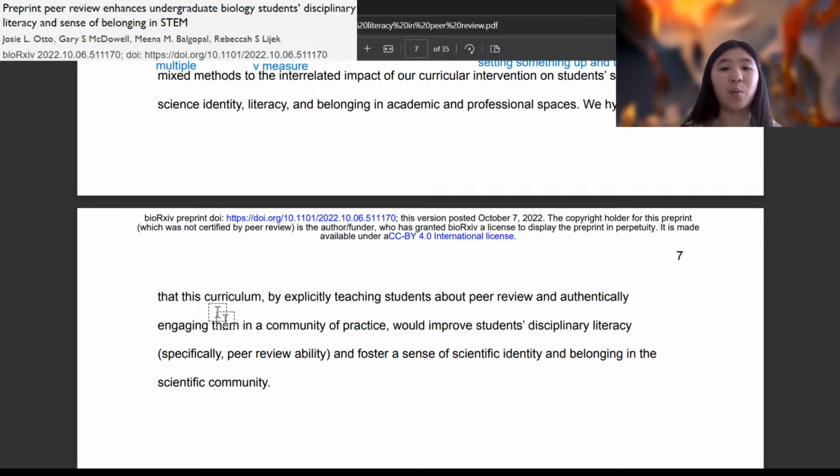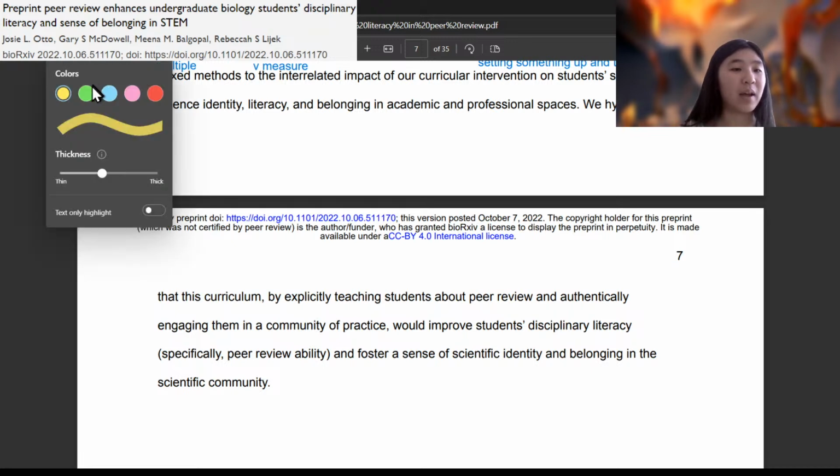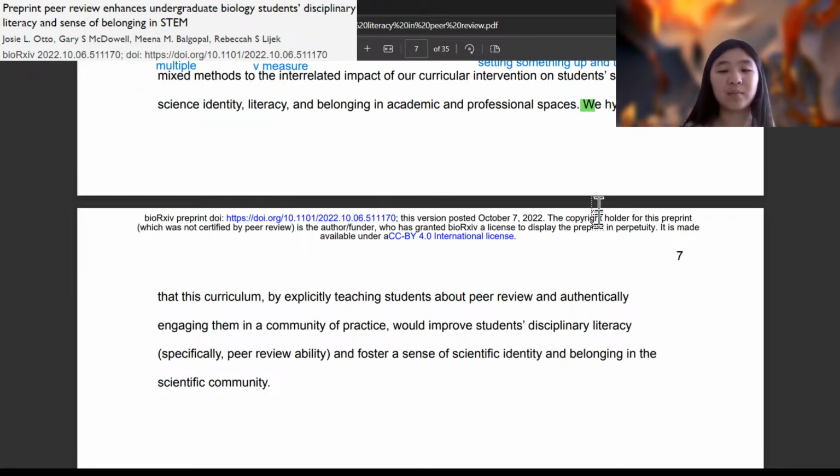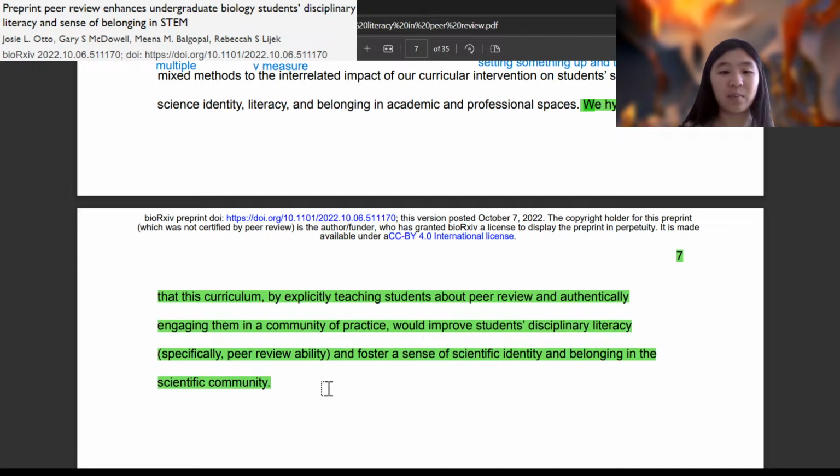So we hypothesized that this curriculum, by explicitly teaching students about peer review and authentically engaging them in a community of practice, would improve science students' disciplinary literacy, specifically peer reviewability, and foster a sense of scientific identity and belonging in the scientific community. Okay, so I'm going to highlight the hypothesis. So this is the claim they are making.